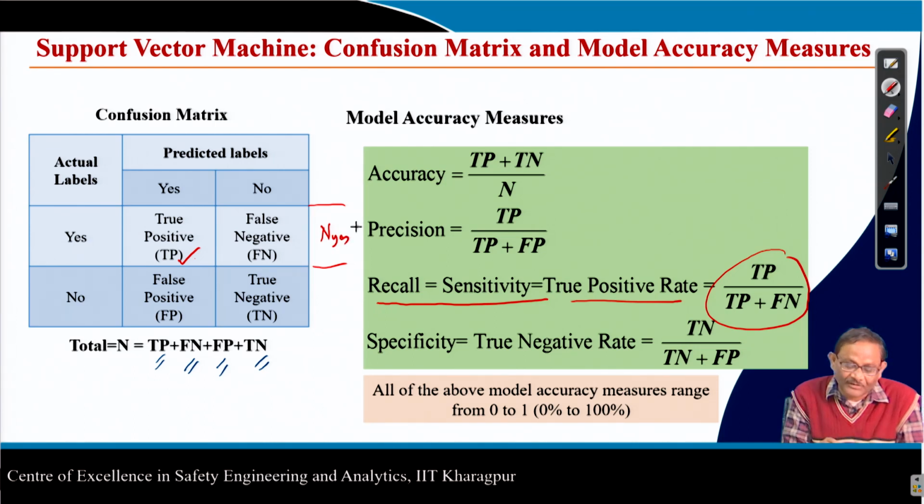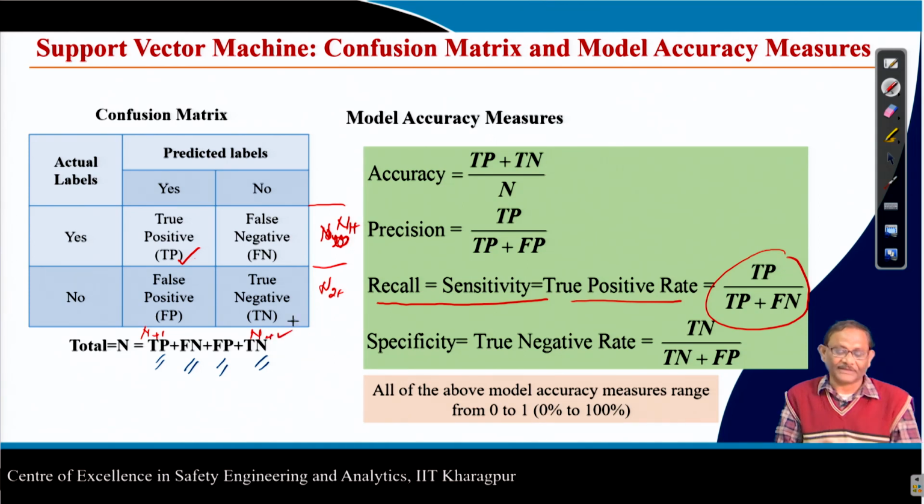If I create the table this way, we can say N1 plus and N2 plus for the rows, and similarly N plus 1 and N plus 2 for the columns.